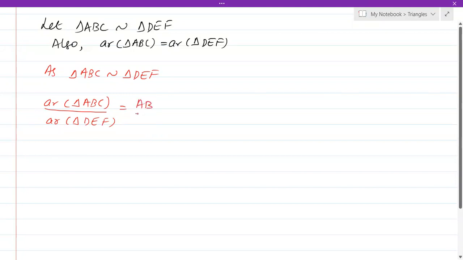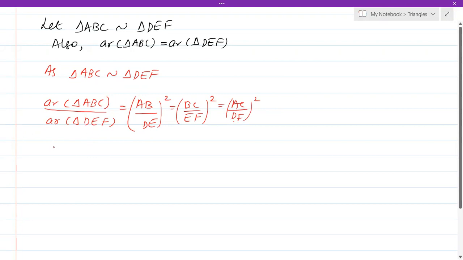That is AB by DE, the whole square, which is equal to BC by EF, the whole square, which is equal to AC by DF, the whole square.